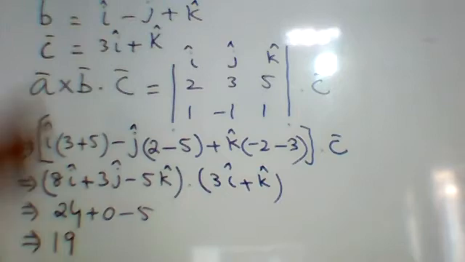In this way, we will find the vector scalar triple product. Scalar triple product is used to find the volume of a parallelepiped. Parallelepiped is a cubicle.